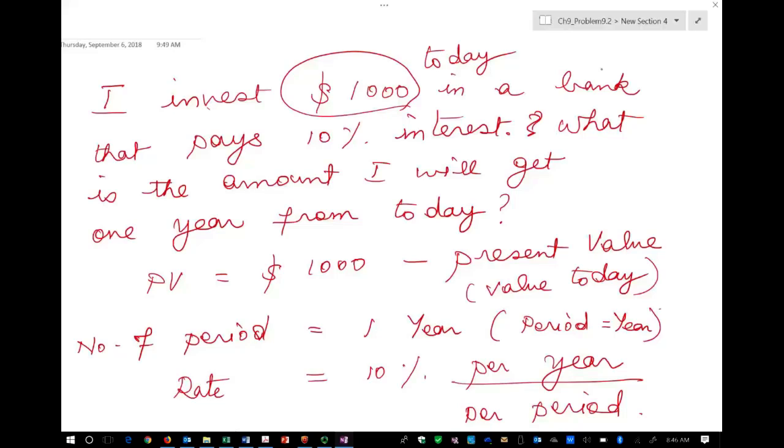I hope all of you have computers today. We will start using the spreadsheet hopefully from today, but we will first learn the concepts. Time value of money is a very important chapter.